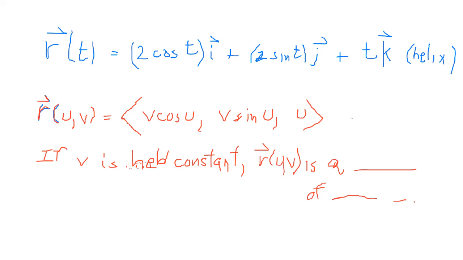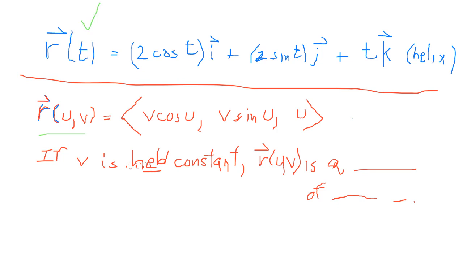So if we hold the V constant, then R of U and V is a function of one variable, just like up here. If we hold the V constant, R of U and V is a what? What would it be?